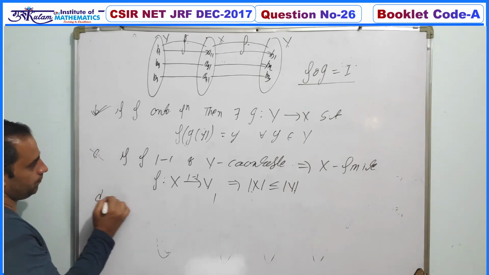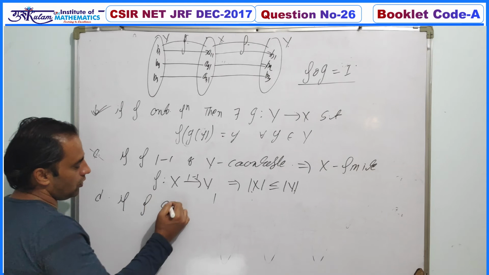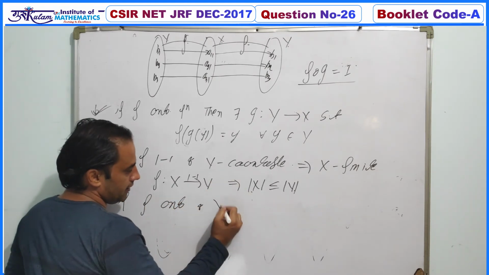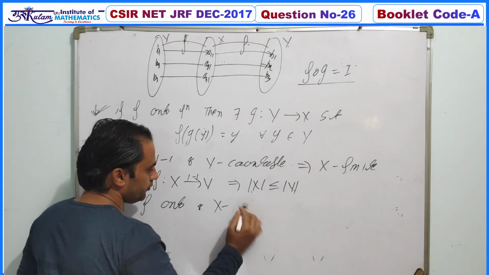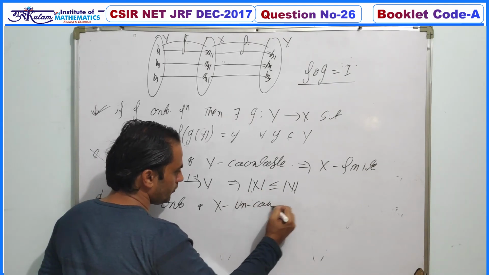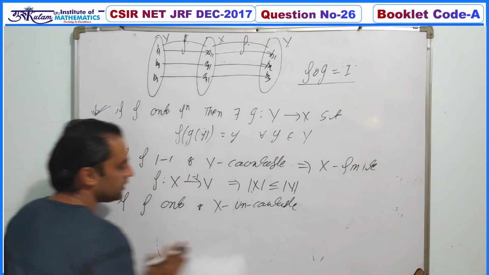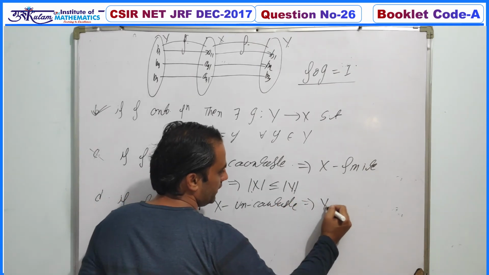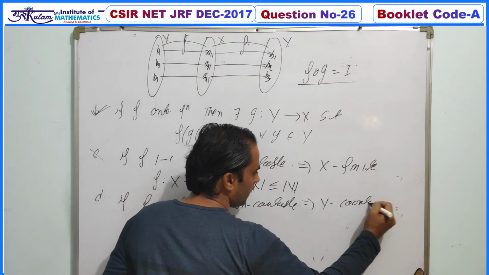Now D option: if f is onto and x is uncountable, implies y is countably infinite.